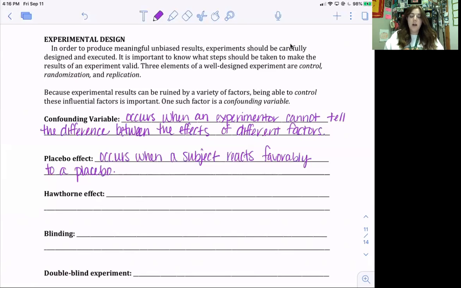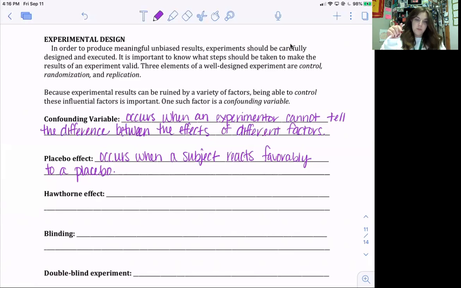Even though they're not receiving the treatment, they are acting as if they are. So if you're taking a pill that's the sugar pill, you're not actually receiving any type of medical treatment.